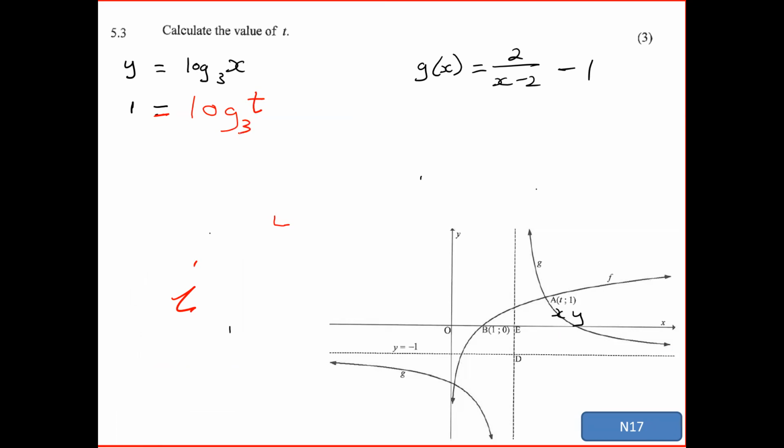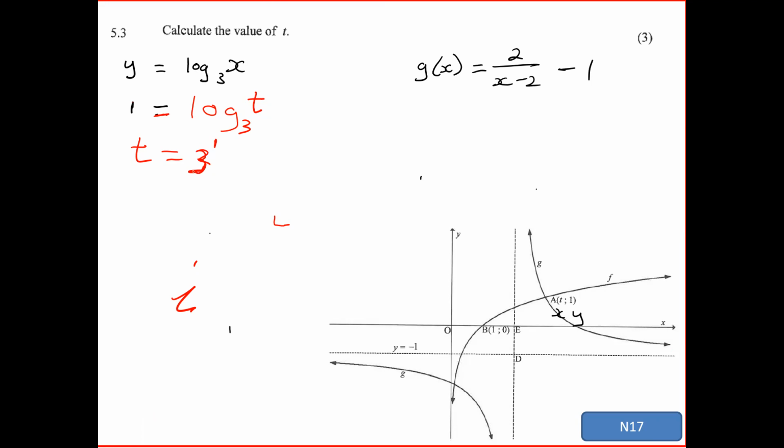So that's going to help us to find t. To find t, we have to bring it to exponential form. The base is 3 and the power is 1. So we can say t is equal to 3 to the power 1, which is actually 3.